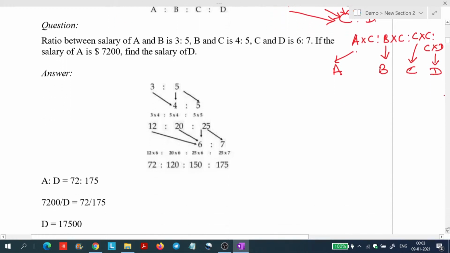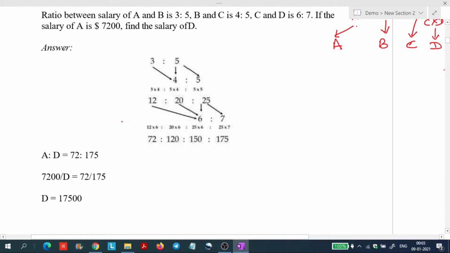Let us see one example. The ratio between the salary of A and B is given as 3 is to 5, and B and C is given as 4 is to 5.